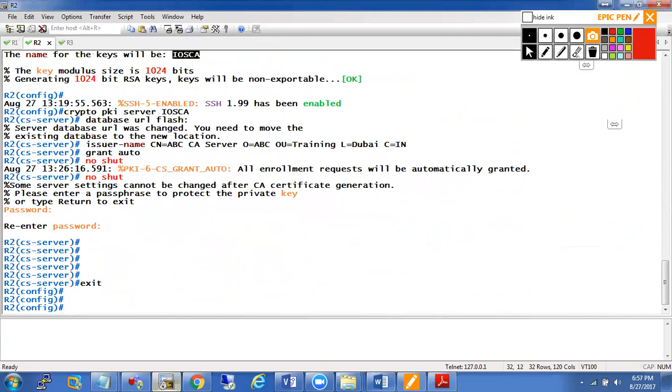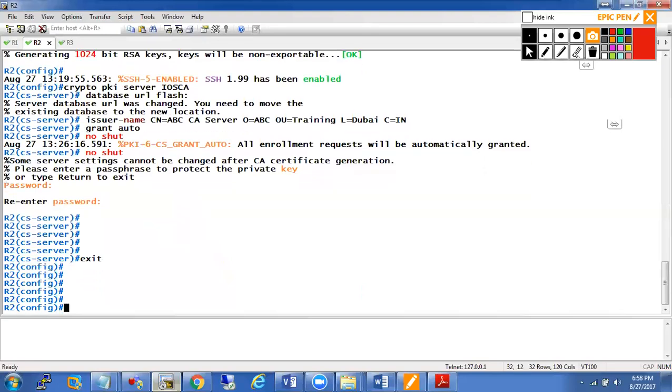I'm done with it. But the thing is, normally speaking, the CA server will come back up and say, I'm enabled, I'm ready to go. No such message came in over here, did it? So although I've configured the PKI server, it is not ready to go yet. And why not? Because in order for it to be ready to go, it needs a prerequisite of a web server, and it is not running as a web server.